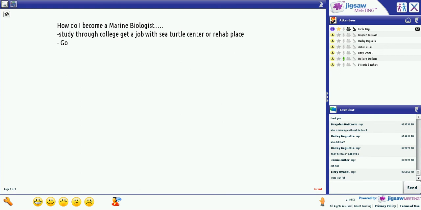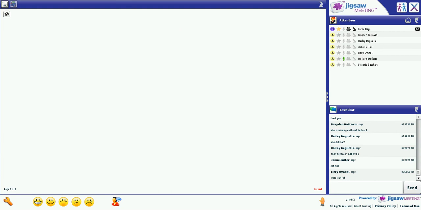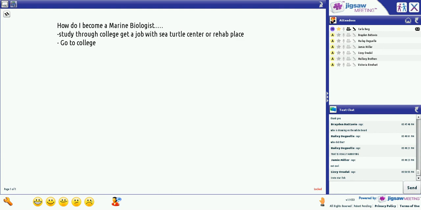You can go to college, to a certain college, and enter the college and graduate for 4 years. All right, very good. Most marine biologists have a master's degree or PhD.